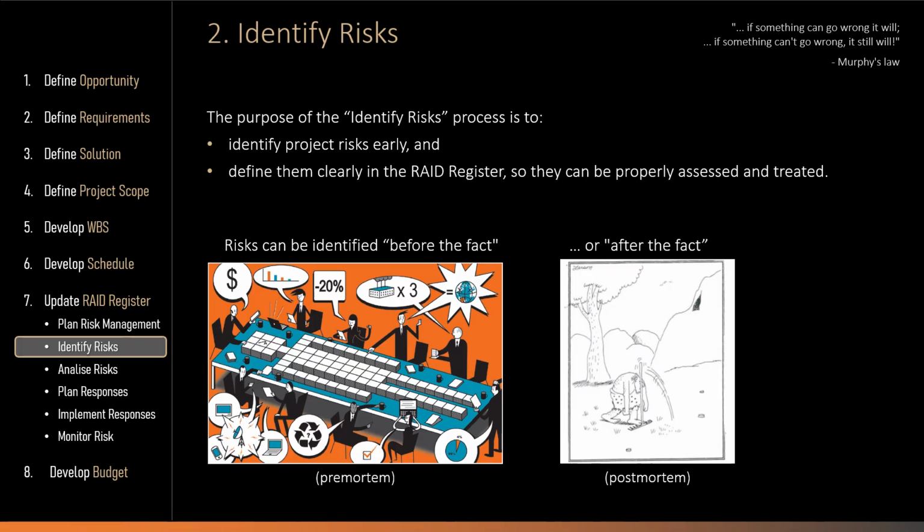It is advisable also to run two separate risk identification workshops, one for downside risks that could threaten project success and another one for upside risks, opportunities that could improve project outcomes.